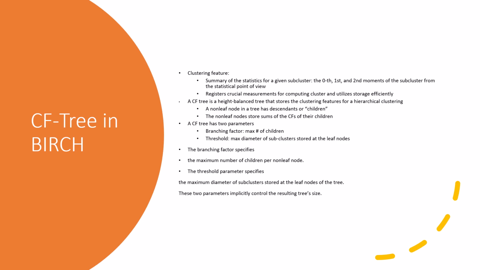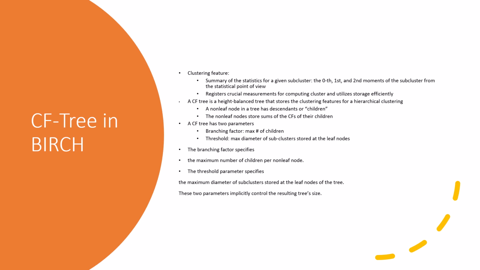A CF tree has two parameters: branching factor B and threshold T. The branching factor specifies the maximum number of children per non-leaf node. The threshold parameter specifies the maximum diameter of subclusters stored at the leaf nodes of the tree. These two parameters implicitly control the resulting tree size.